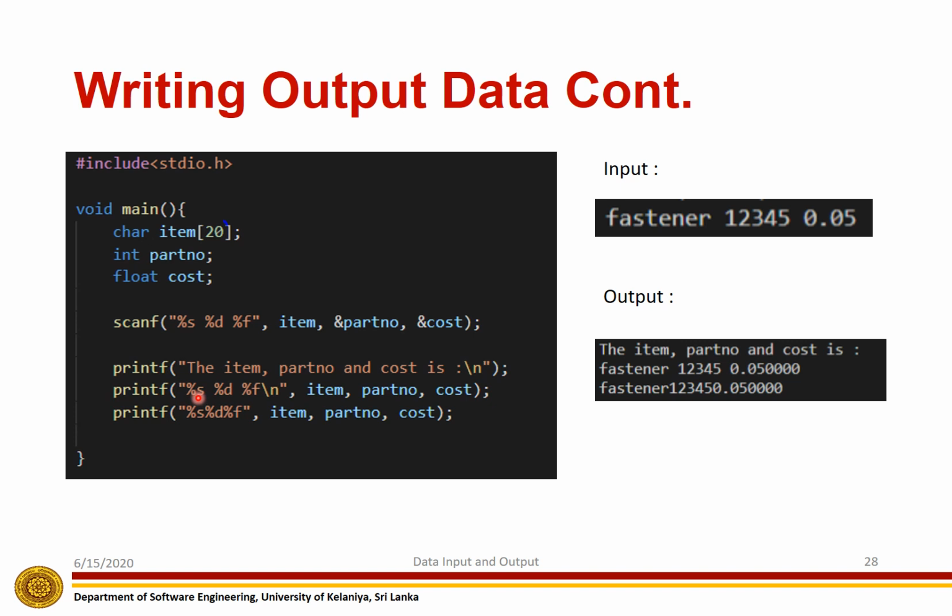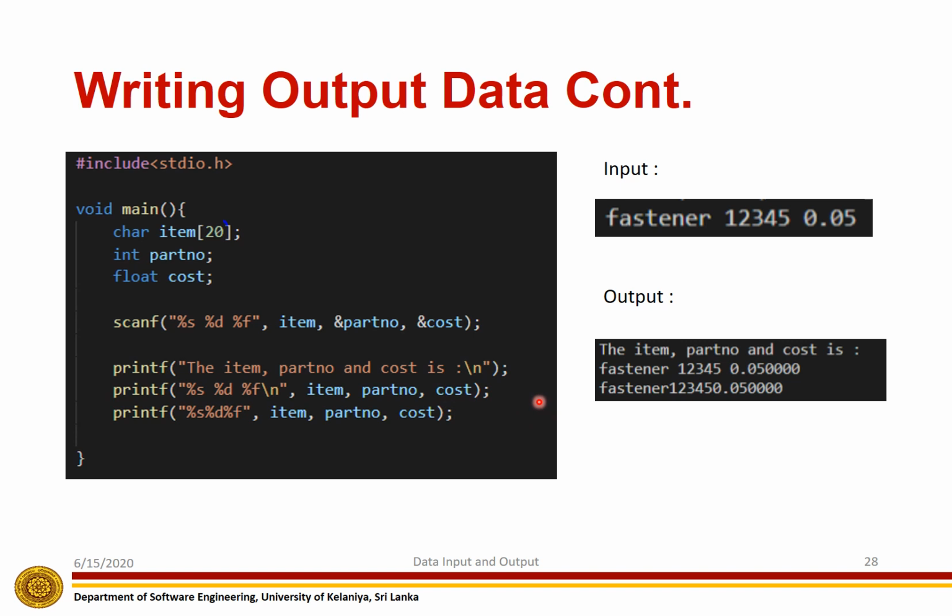The first one is %s that indicates the first argument item and represents a string, the second one is %d that indicates the second argument part number and that is a decimal integer value, and the third one is %f for float, and it indicates the third argument cost.